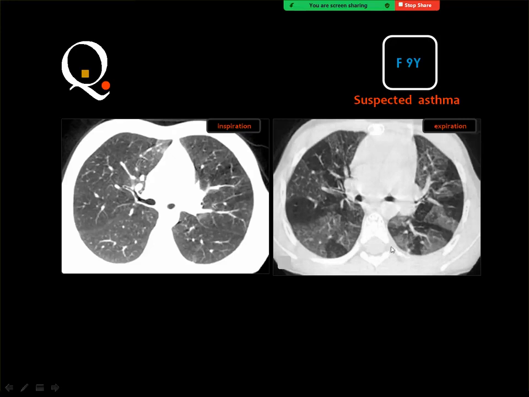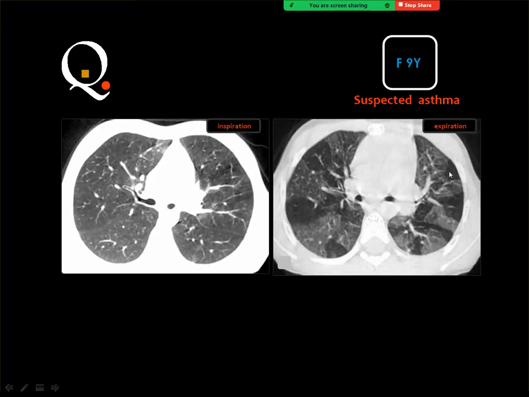Actually, in cases of foreign body inhalation during inspiration, you got almost normal lungs, but during expiration, you got a normal lung and a hyperinflated lung. But in this case, you can see that both lung fields are showing the mosaic appearance with areas of ground glass and areas of air trap.